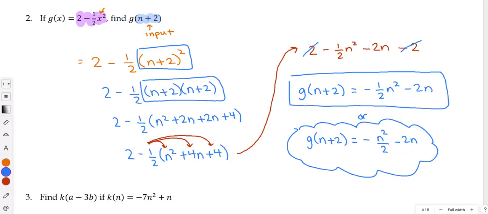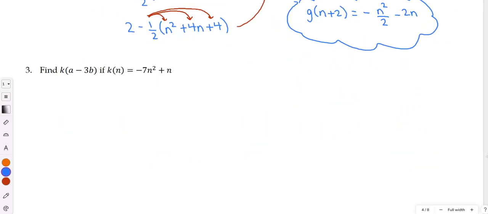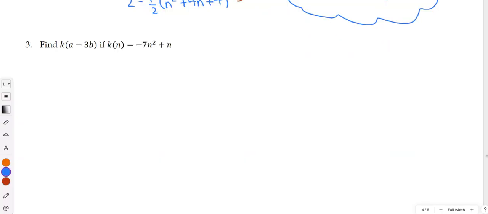All right, last one. I'm going to set it up and I'm going to write my final answer. You're going to try to get there. So we have find k of a minus 3b if k of n is negative 7n squared plus n. So here's our input that we're going to be using into the original function, which has been defined as negative 7n squared plus n.